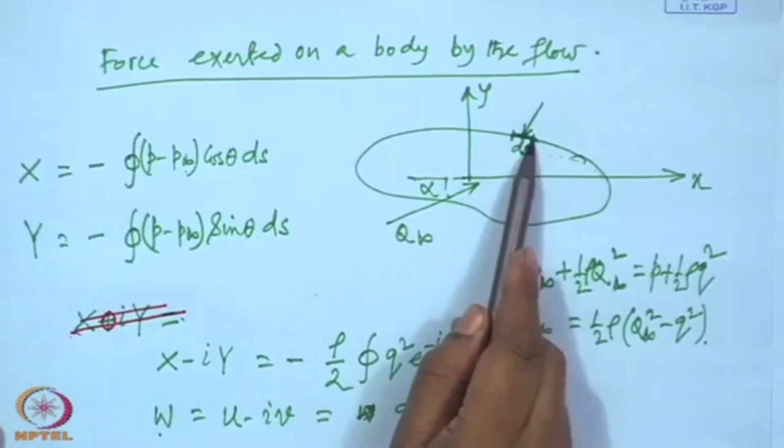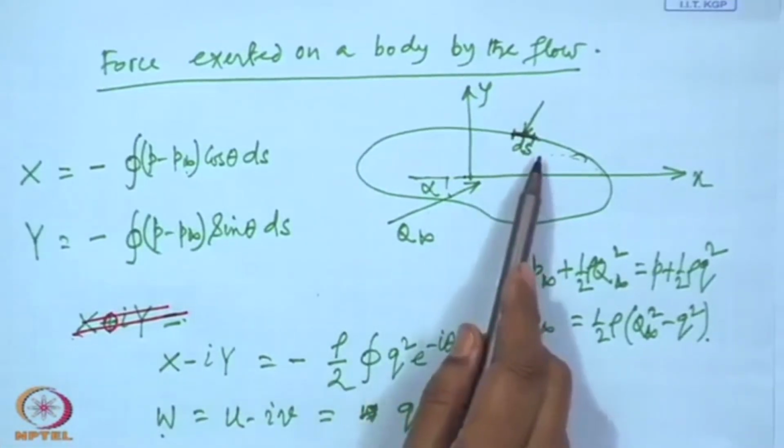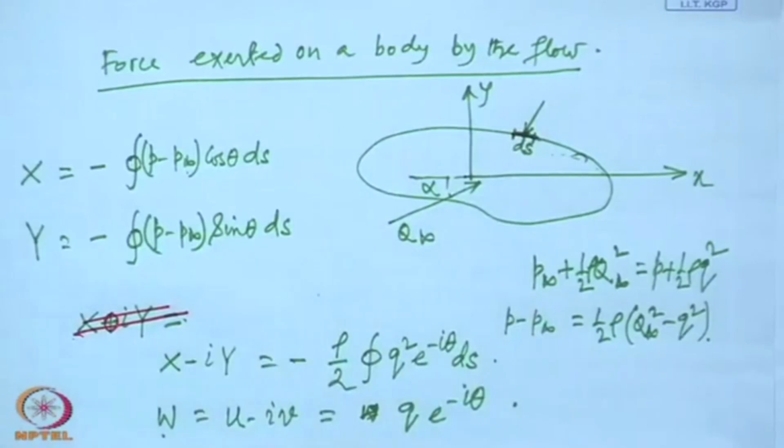So, in this case, for this part of the length, the way we have shown here, your x is decreasing, y is increasing. So, take that into account and then say what is e to the power i theta ds.